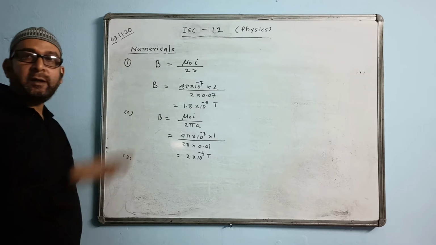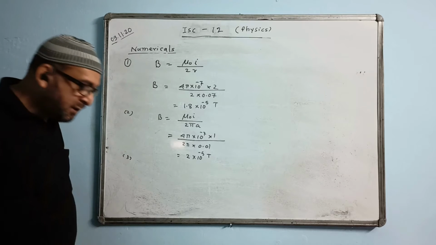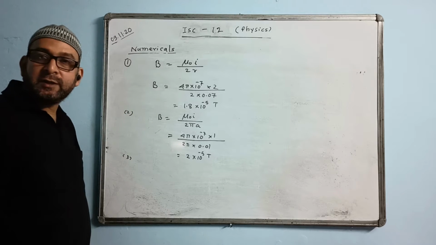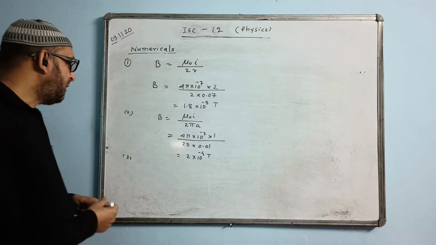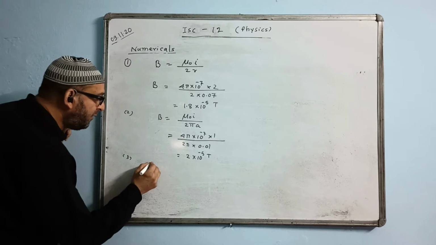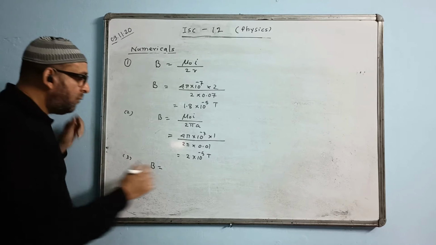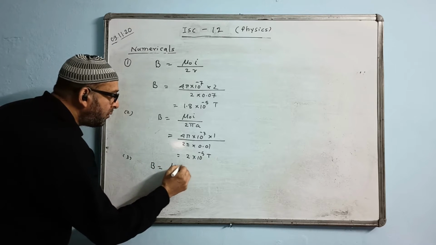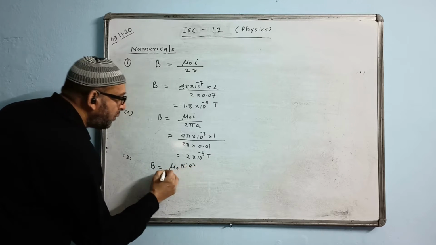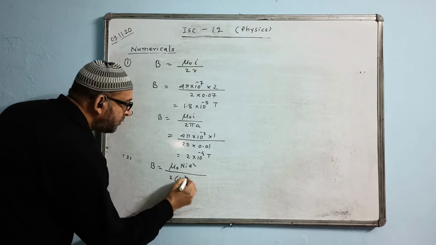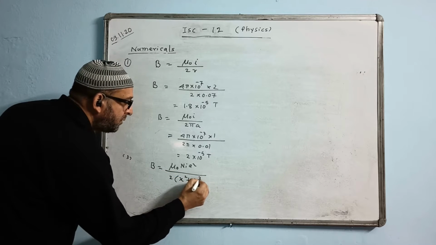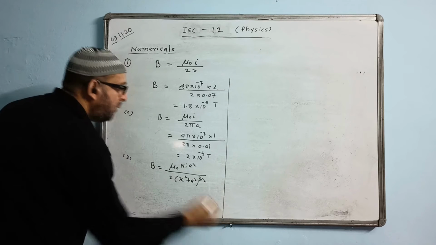This is a circular coil and a point is situated on the axis at a distance 20 centimeter. So this time we will be applying the formula of magnetic field at the axial position, the axial case. What is that formula? Mu naught N I A square by 2 times bracket x square plus a square, power 3 by 2.